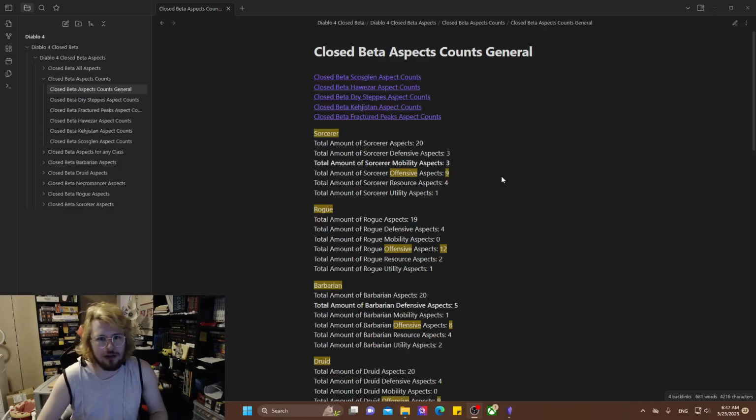I was kind of doing it with specific ones, like the one involving the leap with the barbarian, connecting those leaping aspects. Same thing with the druid and whatnot. I could do something like that if you guys want me to, but for now this is gonna be the last one.